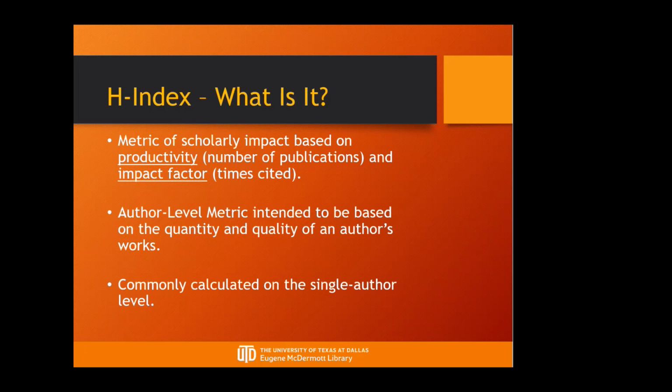The index was created in 2005 by Jorge E. Hirsch, a physicist at the University of California, San Diego, and is sometimes called the Hirsch Index or Hirsch number. The H-index serves as an alternative to the more traditional journal impact factor in the evaluation of the impact of a particular researcher or author.